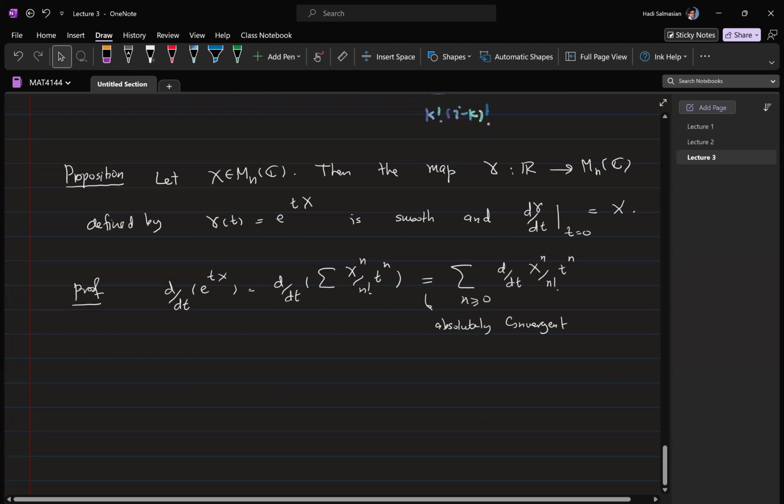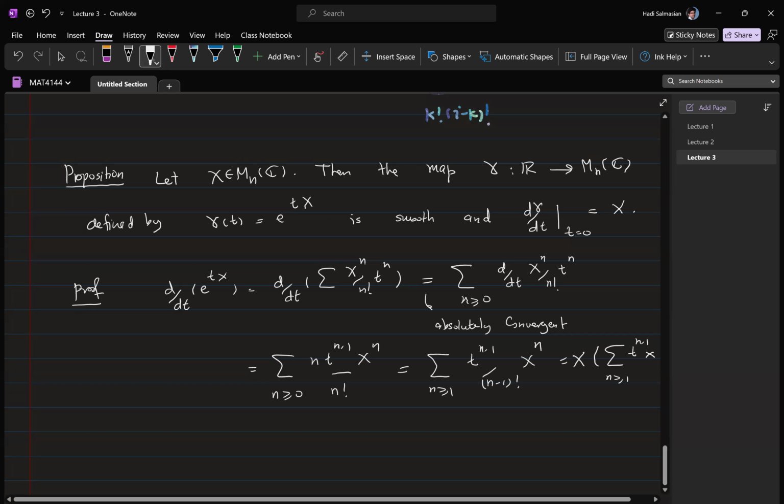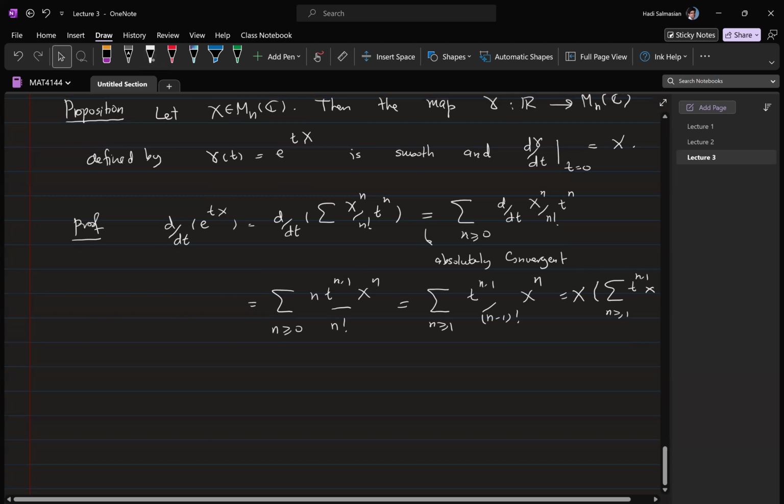But then the derivative of each term is just n t^(n-1) x^n over n factorial. The first term for n equal to 0 disappears, so you don't have to worry about it. So you end up with t^(n-1) over (n-1) factorial because the n's cancel. And you have x^n here, which is just x times t^(n-1) x^(n-1), maybe I just write below.